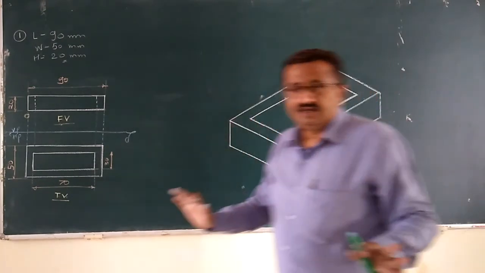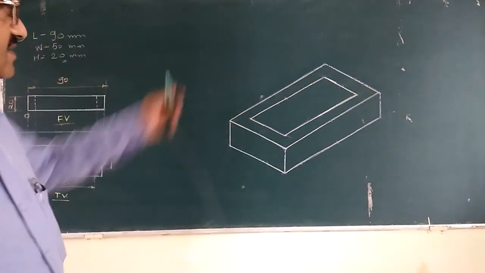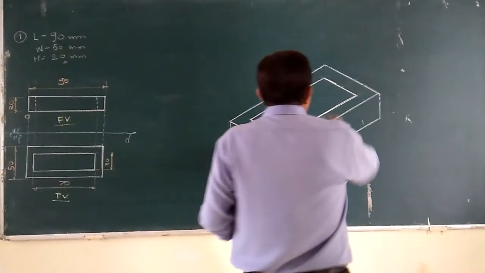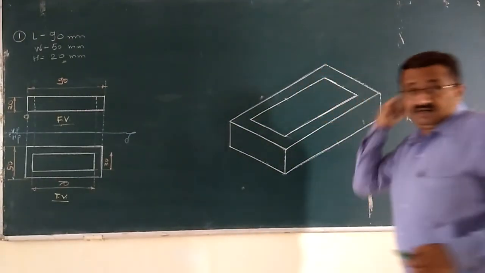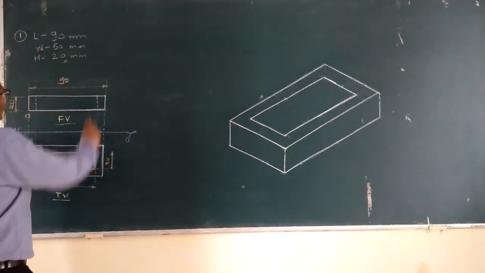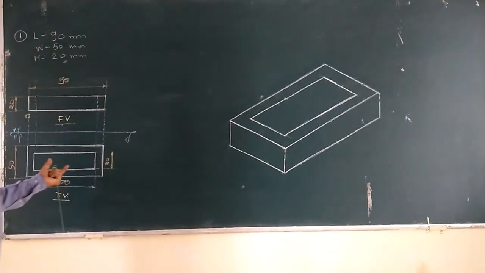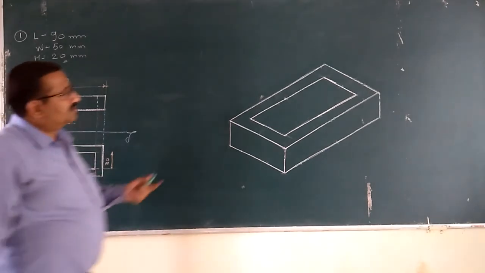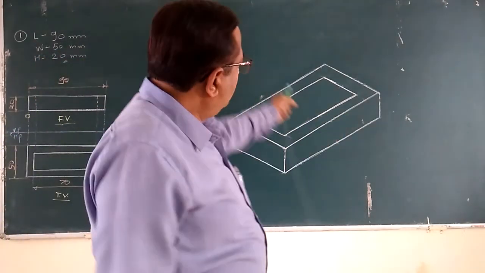Still it is solid. In this way we can interpret this construction. Then we have just now discussed that there is a rectangular middle part which has been removed by cutting. So now that whole effect is not given here.